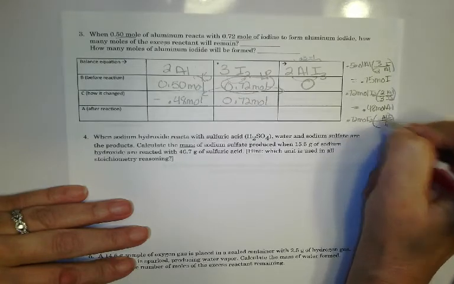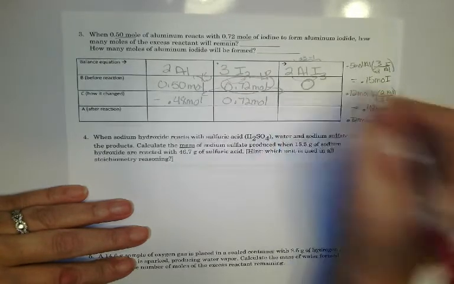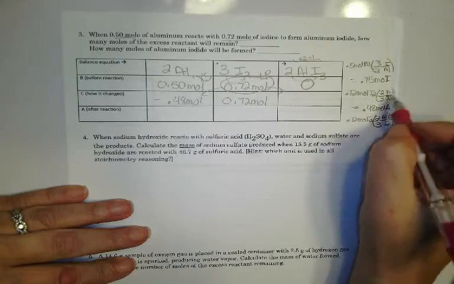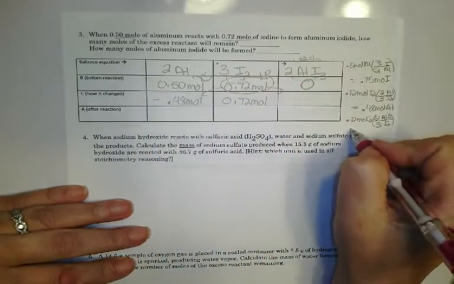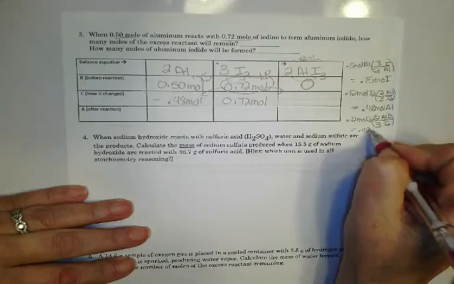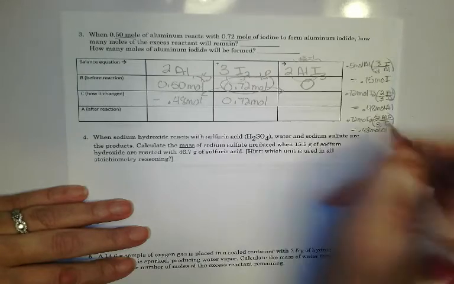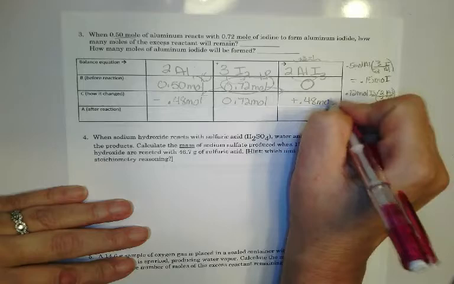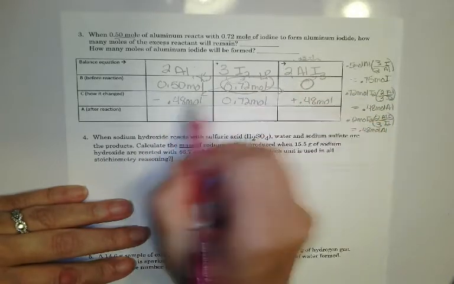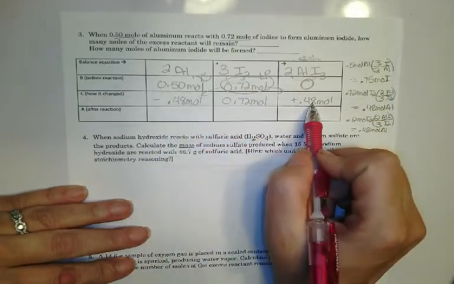Notice it's still that 2 for aluminum iodide to 3. Now I just did that same work. Notice my coefficients are the same, so when I put that in my calculator, I'm going to get the same number. Again, if your coefficients match, your mole conversions will be the same. So 2 to 2, these numbers should be the same.